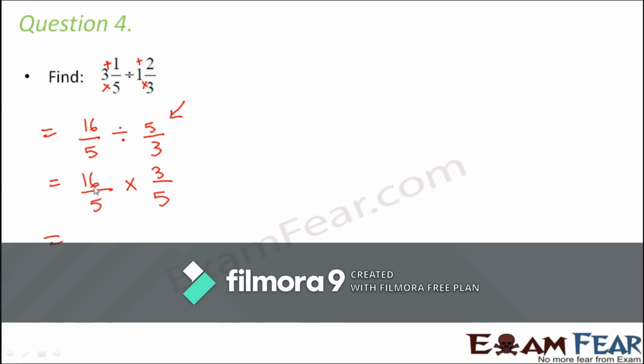Now let's multiply normally: 16 into 3 is 48 and 5 into 5 is 25. So 48 by 25. In case you want to convert it into a mixed fraction, you can even do that. Divide 48 by 25. 25 ones are 25, so the remainder is 23. Therefore, 48 by 25 can be written as 1 23 by 25.